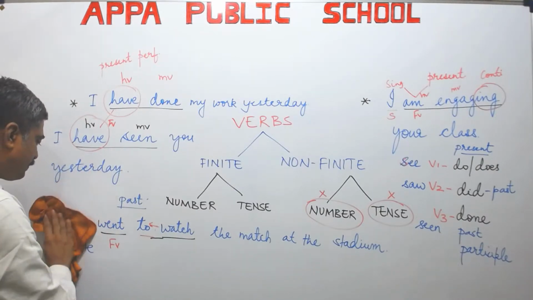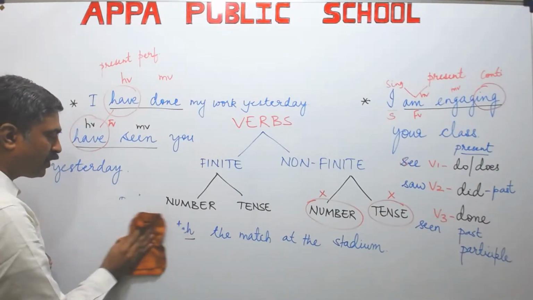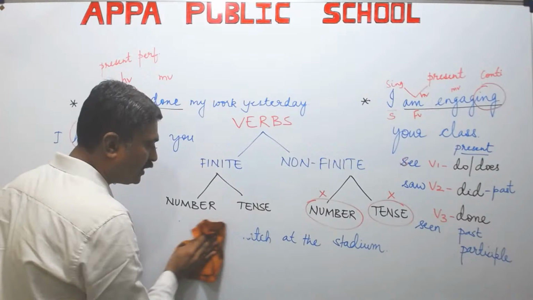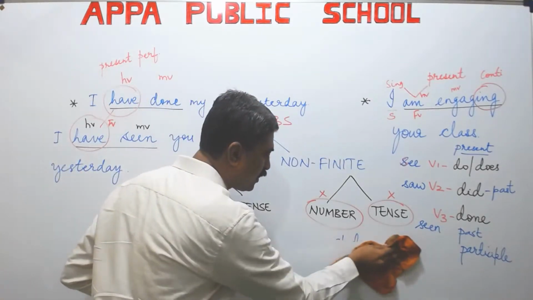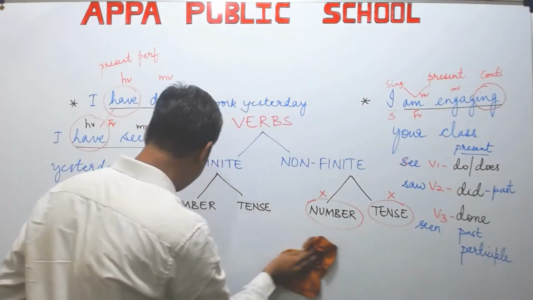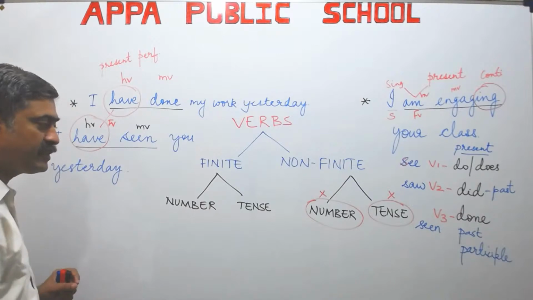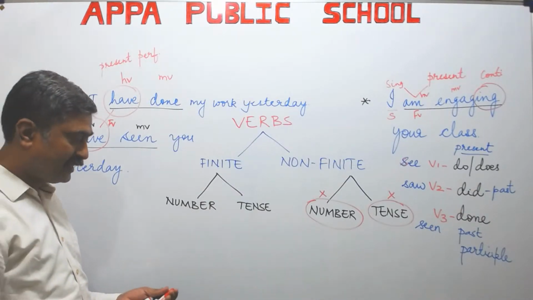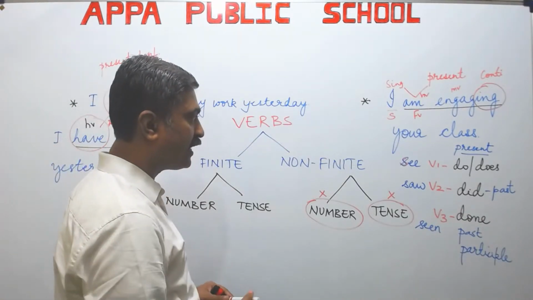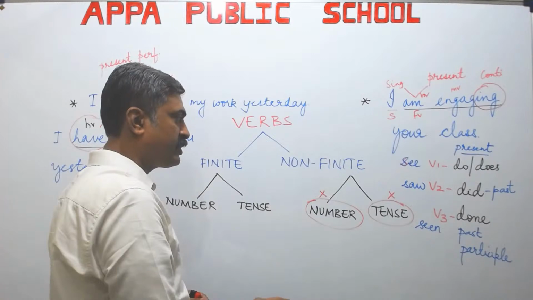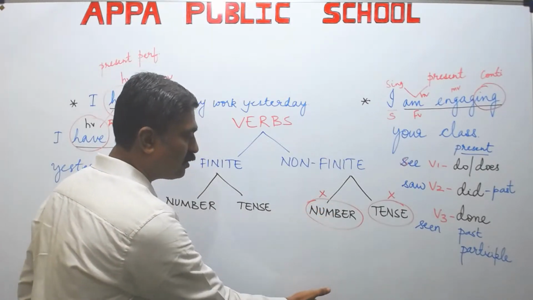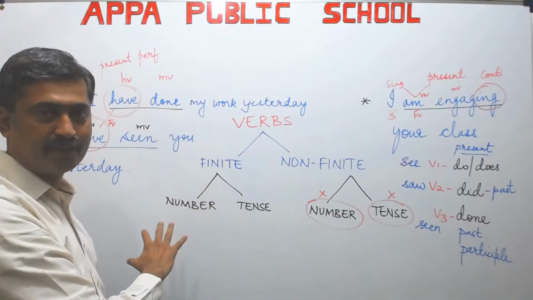We must remember them because it's easy for us to remember just three kinds of verbs which are non-finites. If we can remember these three, it becomes easy for us to say that other than these three, all verbs are finite verbs.